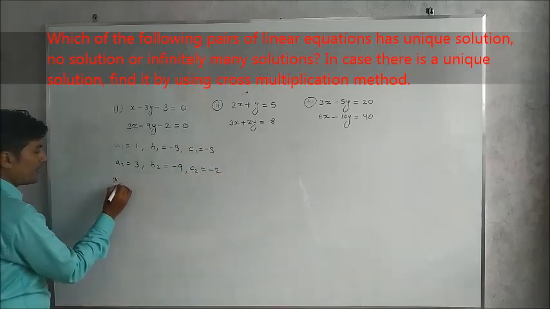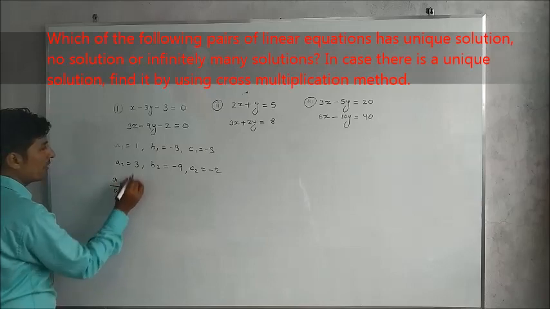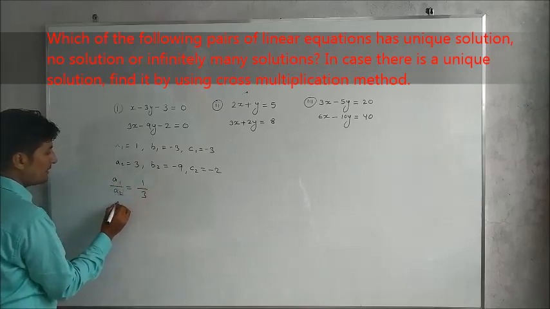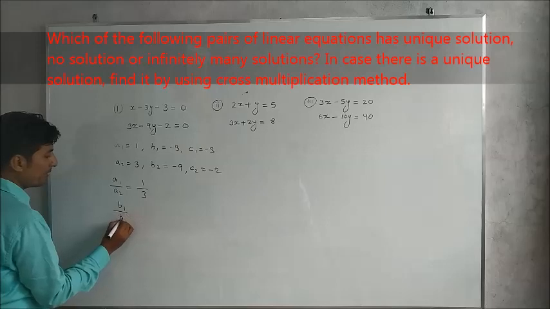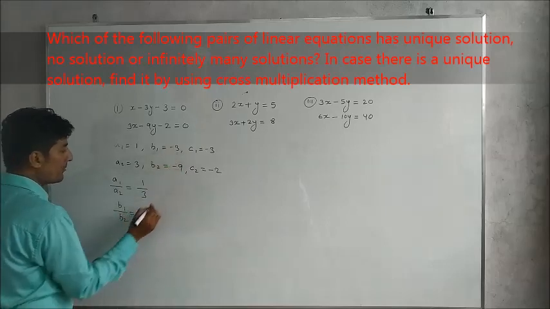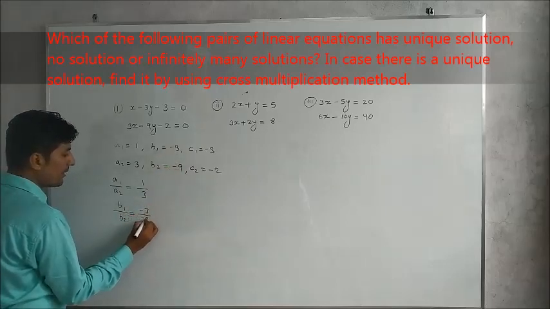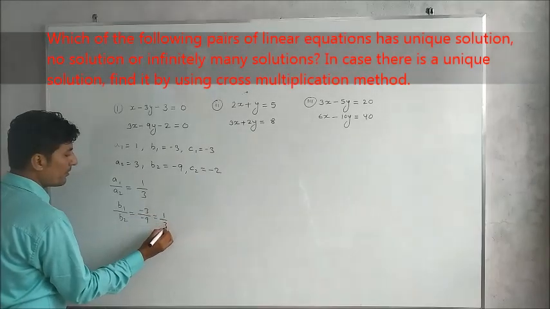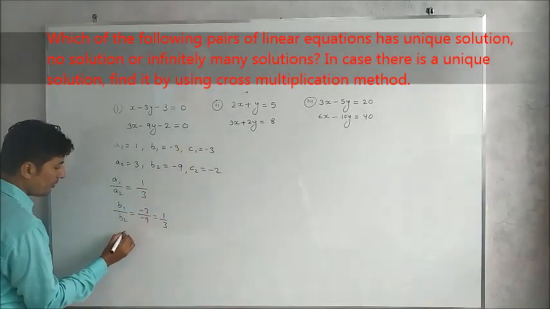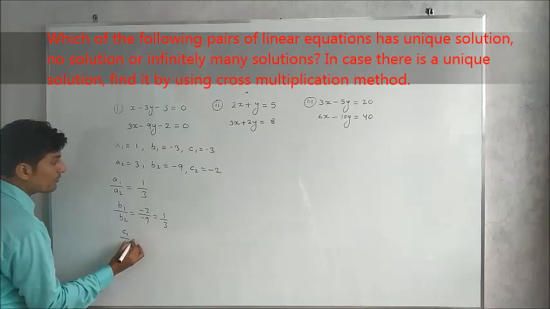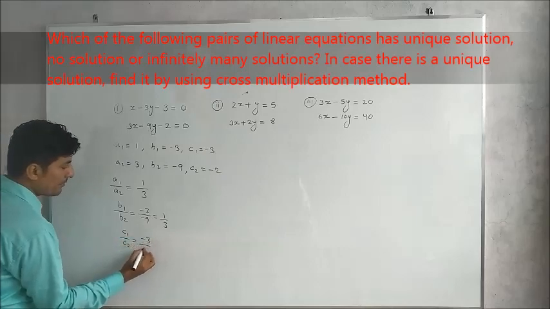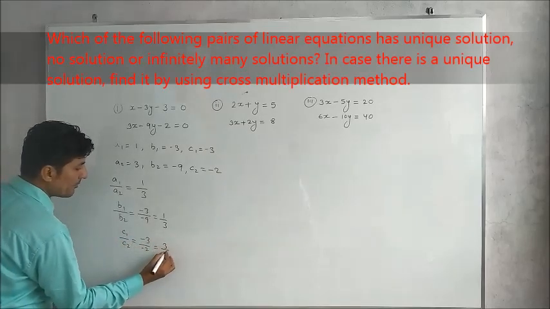Now first of all, we have to find the ratio of a1 upon a2: 1 upon 3. Now the ratio of b1 upon b2: minus 3 upon minus 9, or we can say 1 upon 3. Now the ratio of c1 upon c2: minus 3 upon minus 2, finally 3 upon 2.